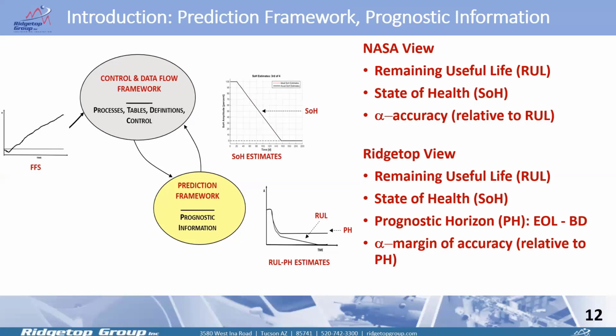So now that is ideally a nice constant value. And prognostic horizon is the time it takes for it to fail. In other words, the current time plus your estimated time compared to the actual time. So now we have something that doesn't blow up. And that's what we do.